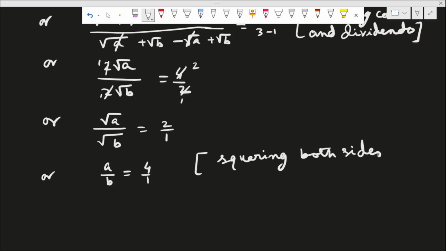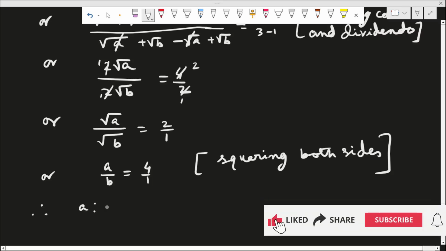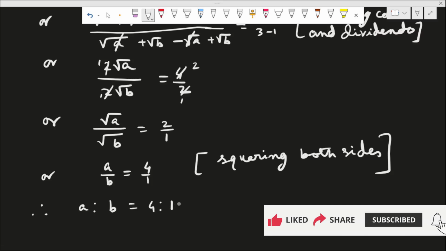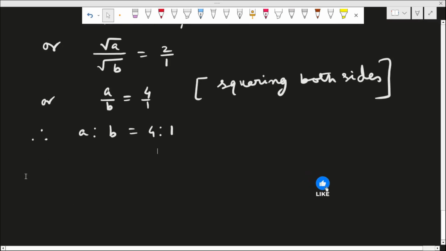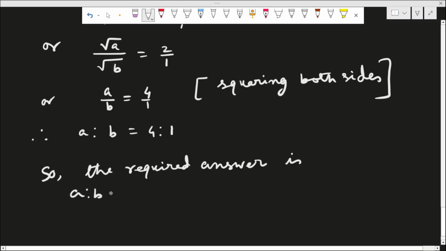Therefore A is to B is equal to 4 is to 1. So the required answer is A is to B, 4 is to 1.